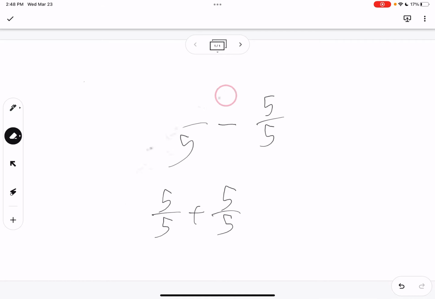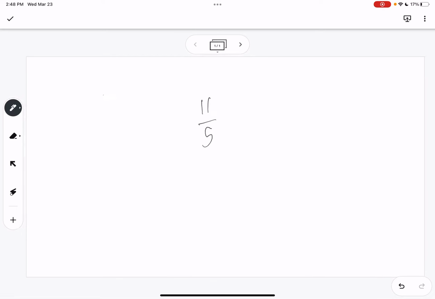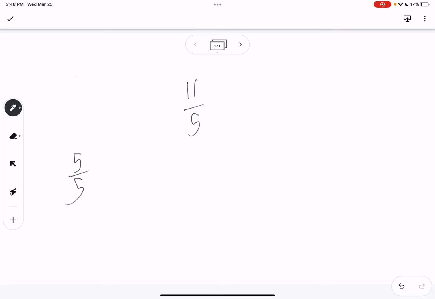Now, let's try this, okay? What if I have 11 over 5? How many whole fractions are in this? Well, if I pull out a whole fraction, 5 over 5, and subtract the 5 from the 11, that leaves me with 6 over 5. Now I can pull out a second whole fraction because this number is bigger than the bottom.